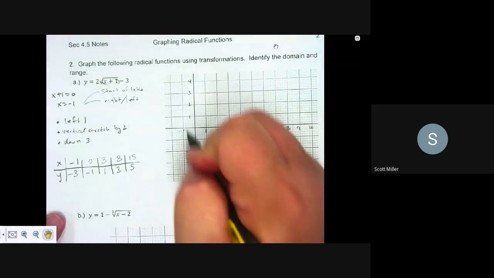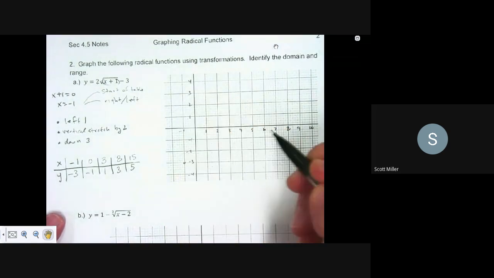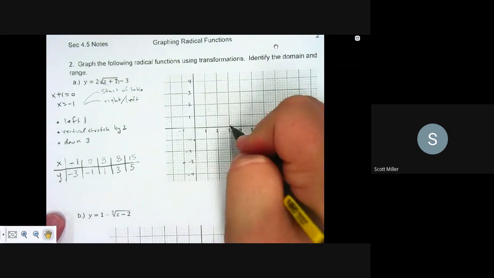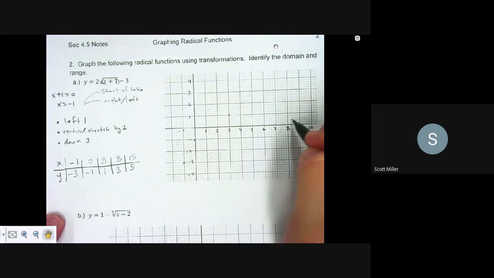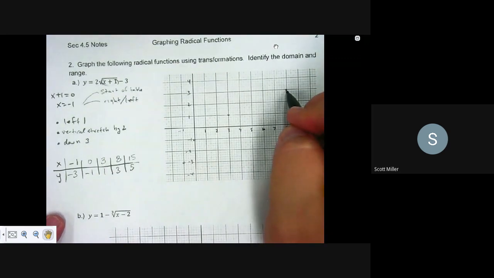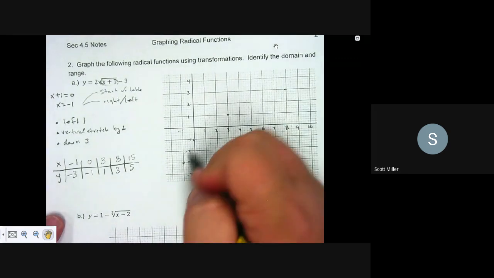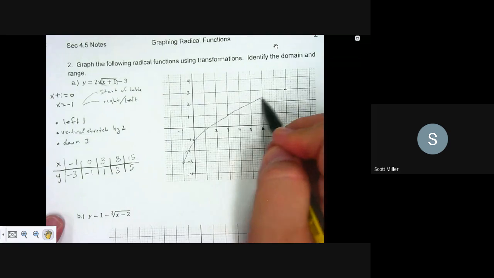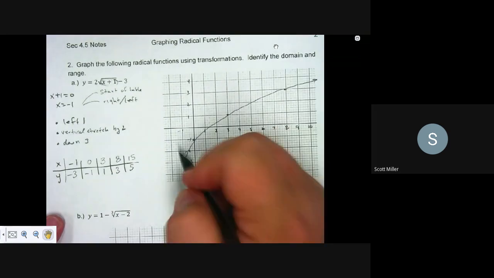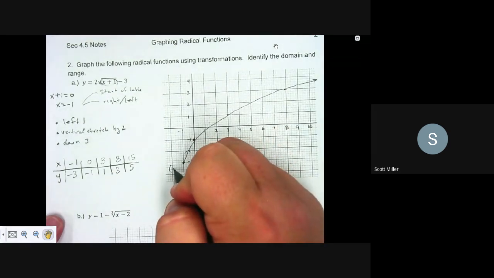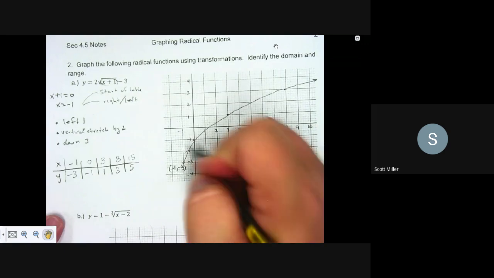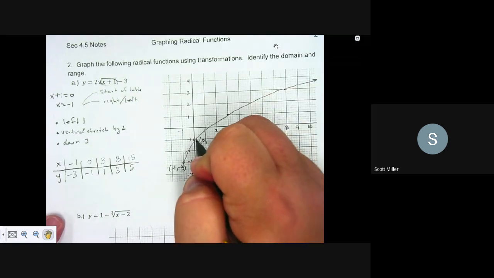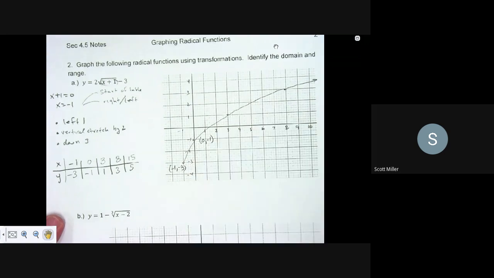Here's -1, -3, 0, -1, 3 goes to 1, 8 goes to 3. This is my starting value, and it's going to go off in a little arc in that fashion. Label this point, -1, -3, and some other point over here, since I'll do this one because it is a y-intercept. And there you go.